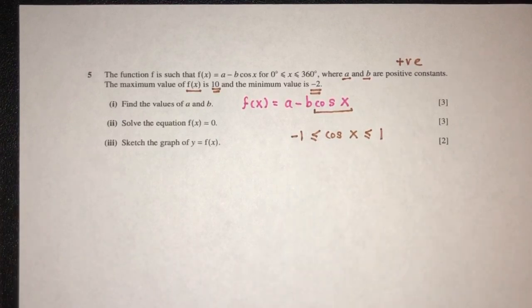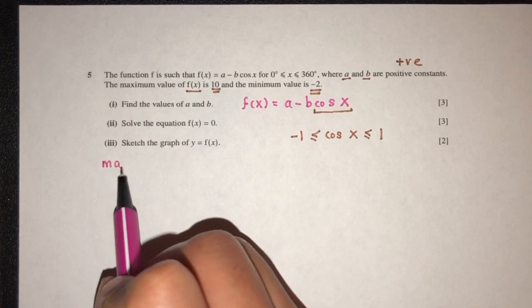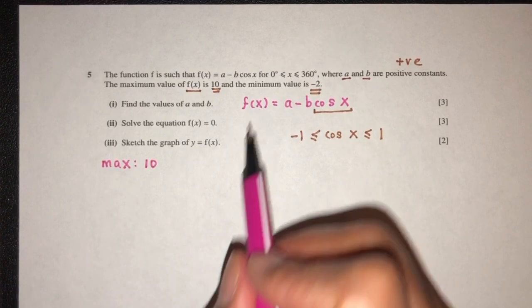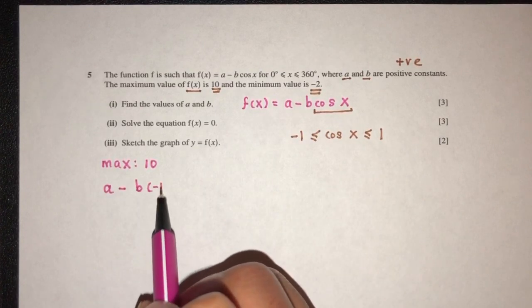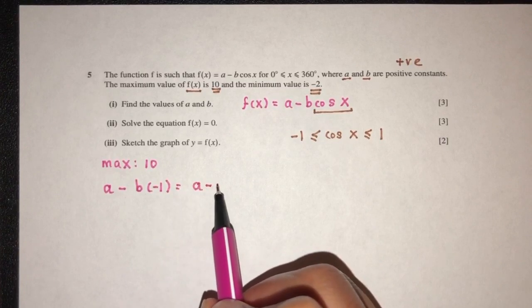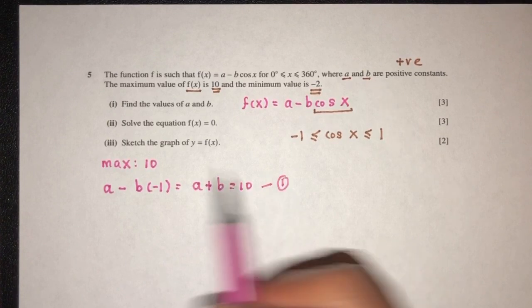Now we have to check. We know that the maximum value is 10. When is f(x) maximum? That will be a minus b times -1. So that will be a plus b, which has to be 10. That is my first equation.